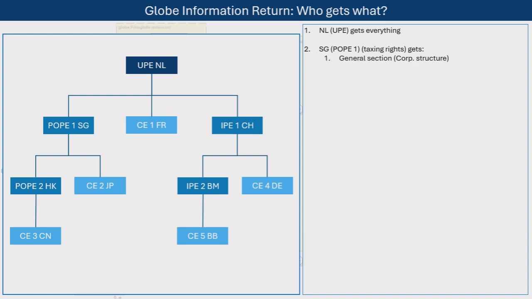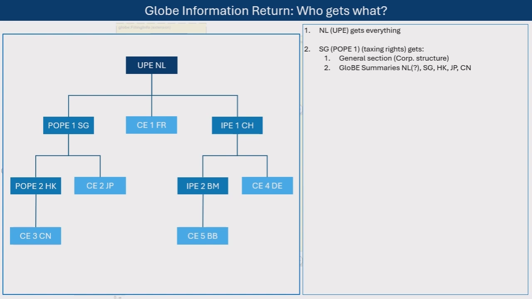The POPE, Singapore, would get the general section. That's the corporate structure of the whole group, right? It would then get the GloBE summaries of Singapore, Hong Kong, Japan, and China, because those are all underneath Singapore. I'm not sure if it will get the GloBE summary of Holland. And the interesting thing is the text that we've just looked at doesn't mention the GloBE summaries at all.